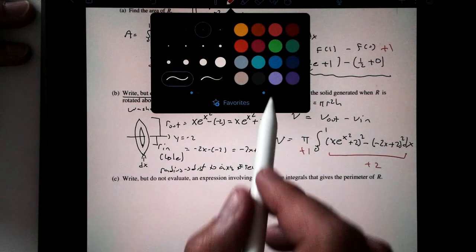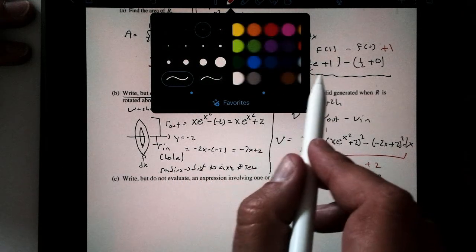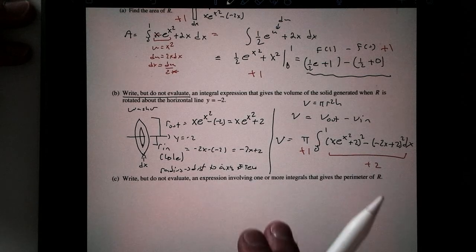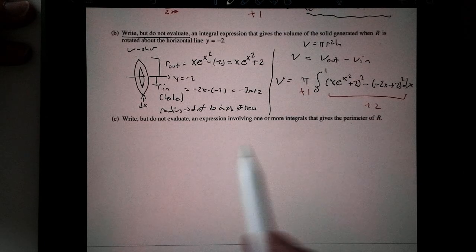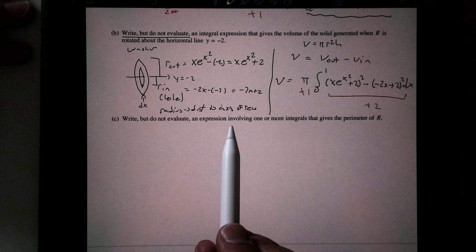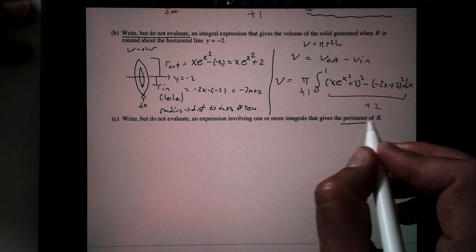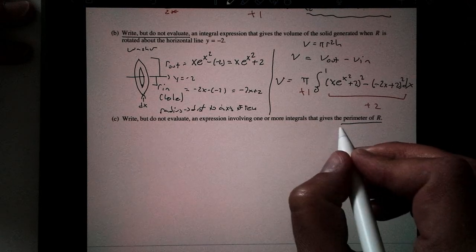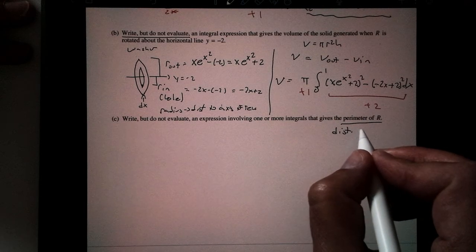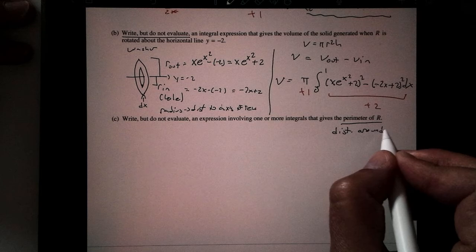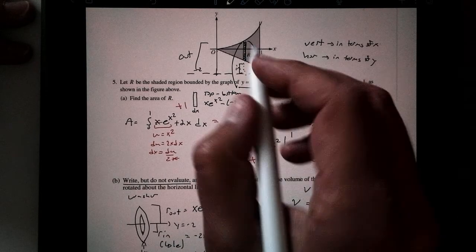Alright. For part C, let's see here. Again, it says write but do not evaluate an expression to get the perimeter of our region. Remember, perimeter is always the distance around an object. So if we take a look here at R, we're going to have 3 distances.